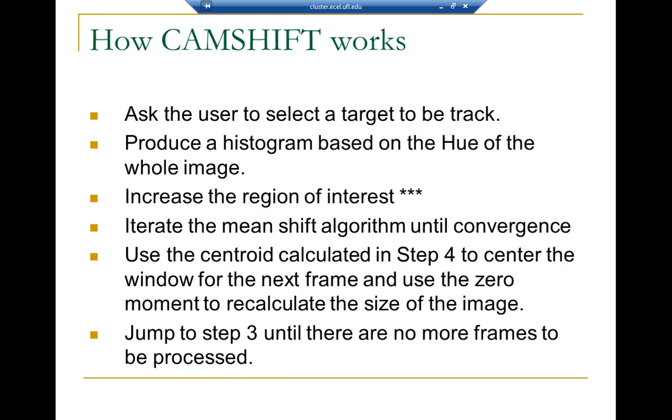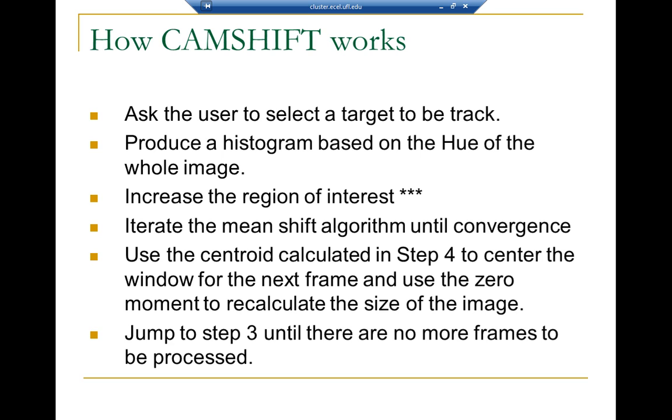So how does CAMShift work? The first thing it does is ask the user to pick a target to be tracked. Then it produces a histogram based on the hue of the whole image. Then it increases the region of interest. It iterates the mean shift algorithm until it converges.